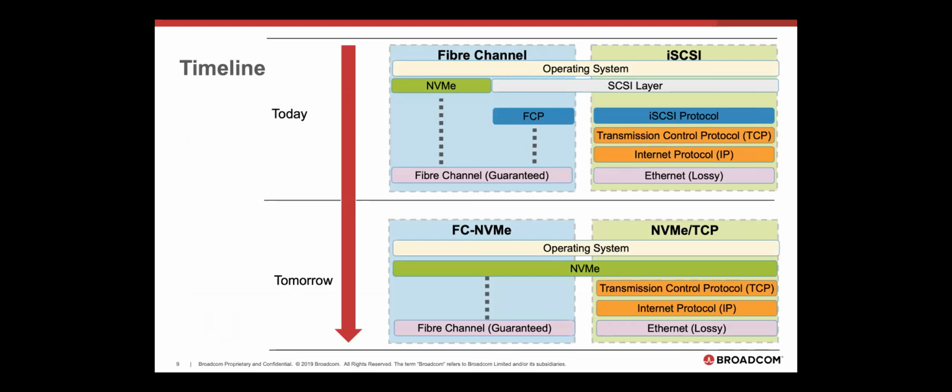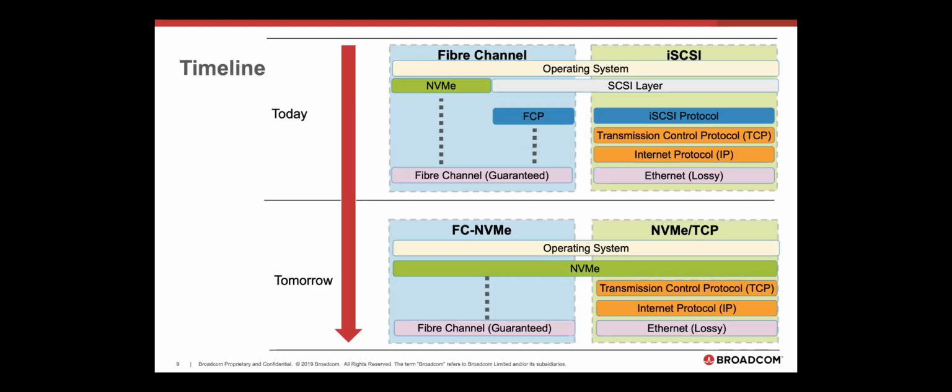So what you see on the left column is when you're running over Fibre Channel. You can see that both NVMe and FCP, which is basically SCSI, map directly to the Fibre Channel layer, and the Fibre Channel layer guarantees lossless transport, flow control, all those nice things that you know and love about Fibre Channel.